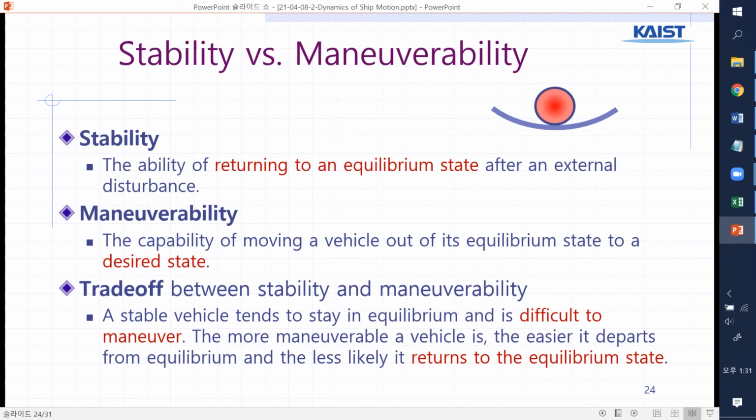So stability, course keeping, and turnability can be competing capabilities. So we need to have a trade-off as a designer: course keeping stability or maneuverability. A course stable vehicle tends to stay in its course equilibrium, so it is not easy to maneuver.